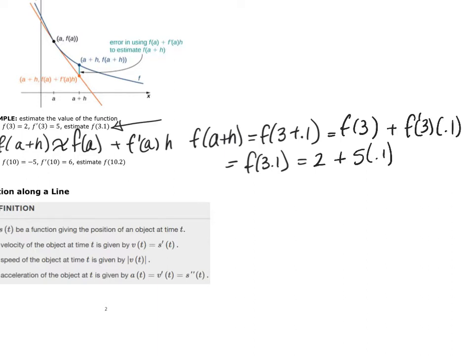So this will give me an approximation for 3.1. So what do you all have when you do 2 plus 5 times 0.1? So we have an approximation. This is approximately equal to 2.5. That's it.